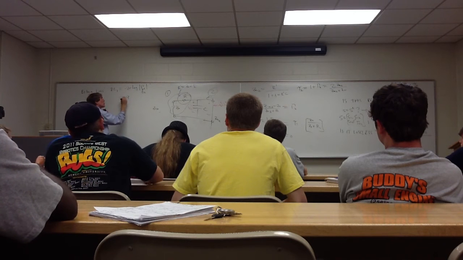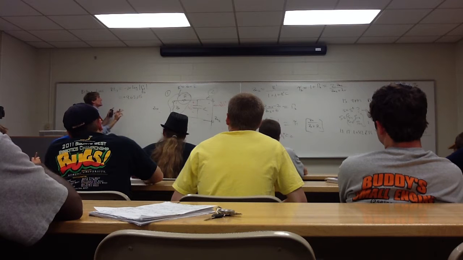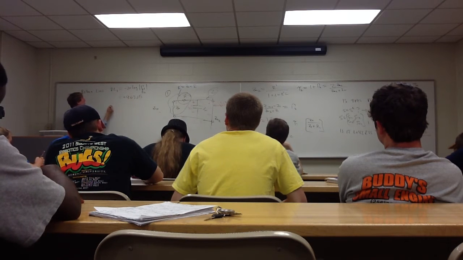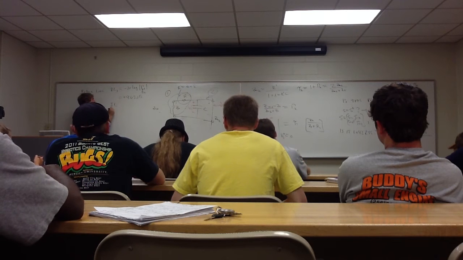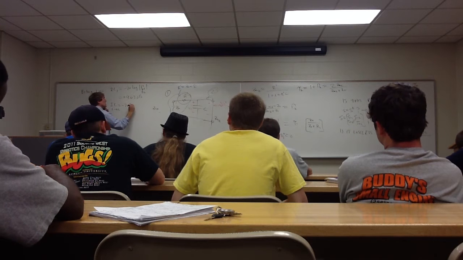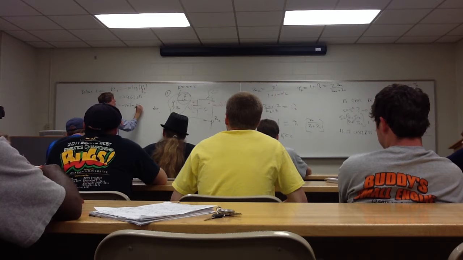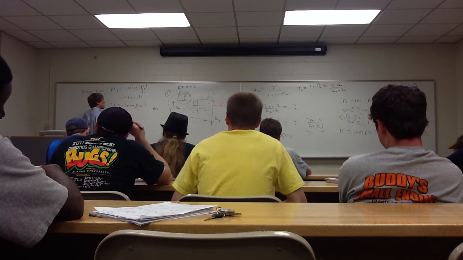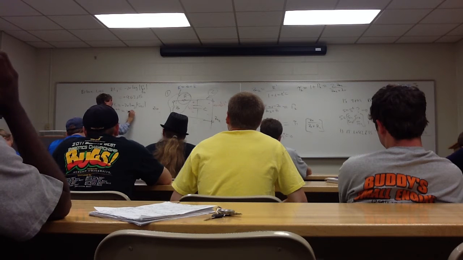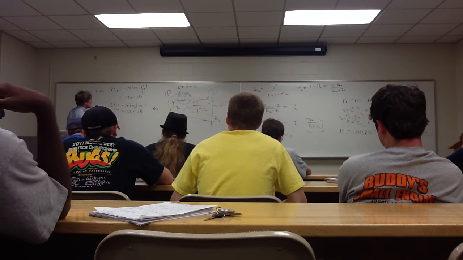Positive 9.6. That means it is causing a loss, if it's positive enough. And the insertion loss going from port 1 to port 2 would be equal to minus 20 times the log of S21. What value do you get for that? 33.5. That's about right. That's a lot of insertion loss, by the way.